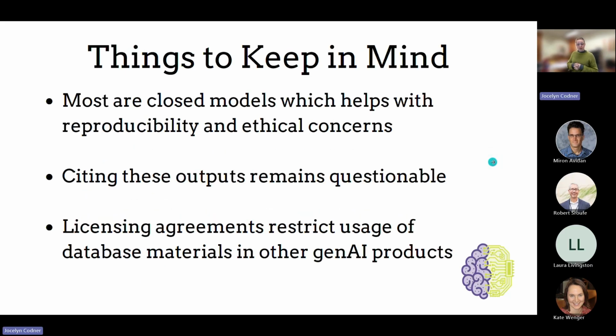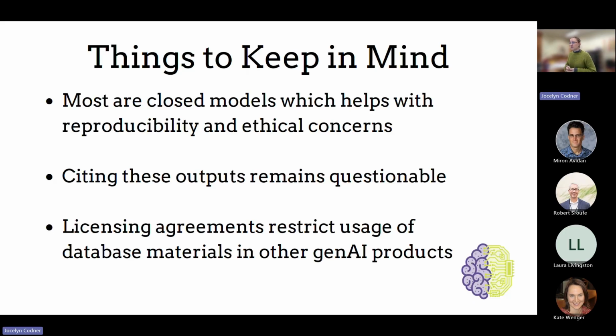So some things to keep in mind before we jump into the actual databases. Most of these are closed models, which means that they only use the content or the materials that are already within the database that it is a part of. So these products and features are not necessarily going out to the open web to hunt for material to create its output to you when you prompt it or when you use it.